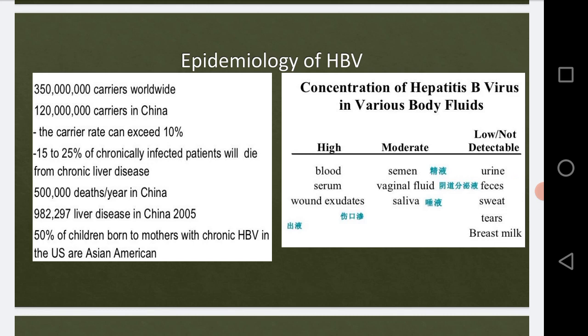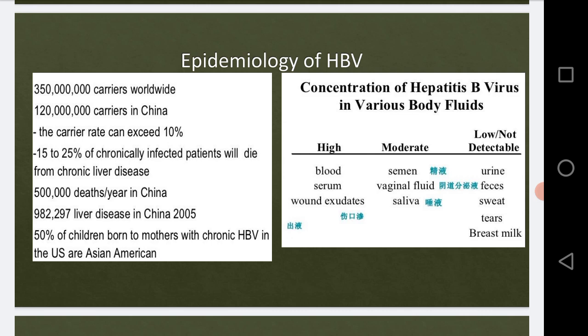Then 15 to 25% of the chronically infected patients will die from chronic liver diseases. This estimation has been made, that 15 to 25% of chronically infected patients can die from the chronic liver diseases. These diseases are the next level stages of hepatitis.